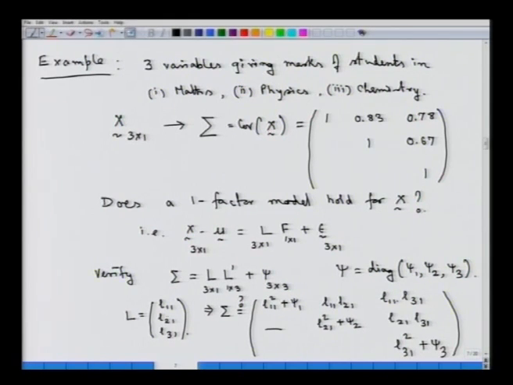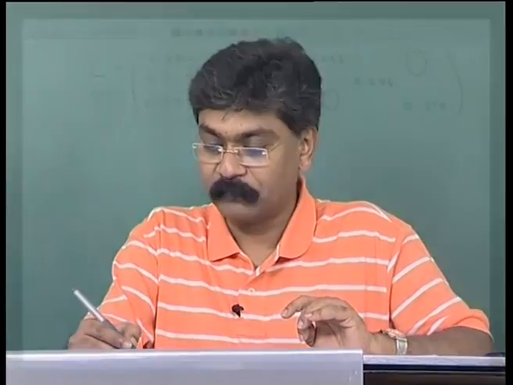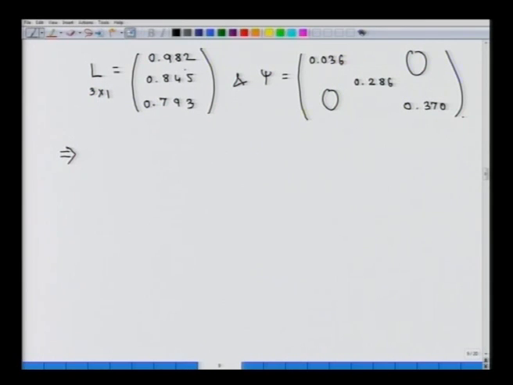Since Lij's are correlations in the present setup with sigma as a correlation matrix, we should have the absolute values of Lij's less than 1. And what we observe in the solution is that they conform to that restriction. Moreover, this psi matrix has all diagonal entries positive, and hence this is a valid one factor model.